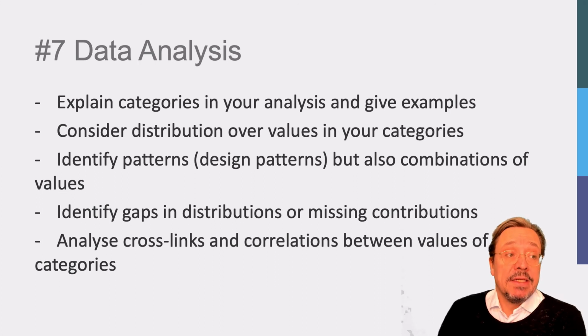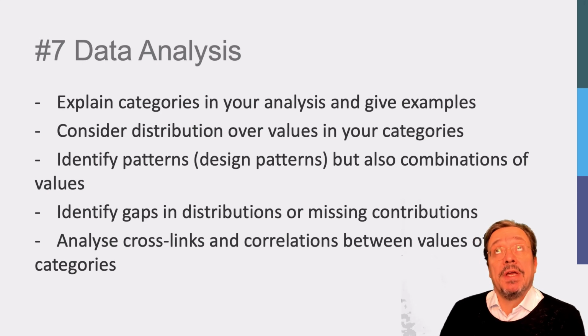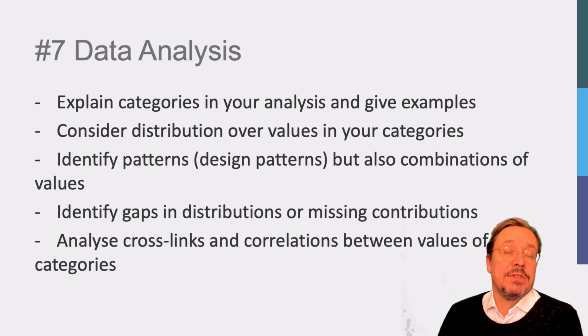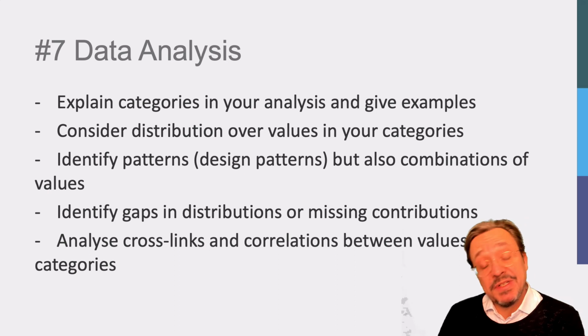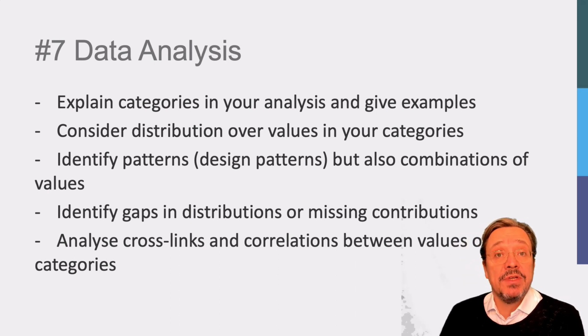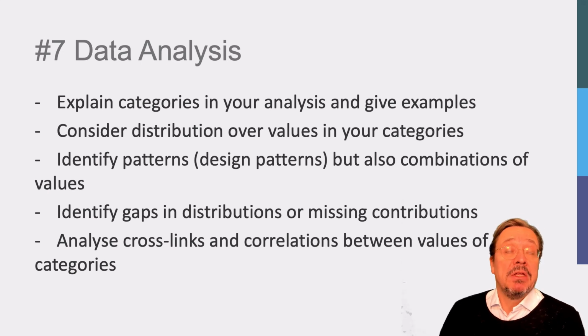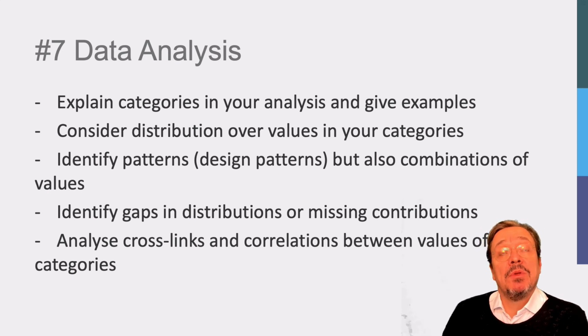So for the data analysis, and in the explanation of your results, you have to explain the categories, best give examples for specific values and categories, and consider the distribution over your categories. It can be, coming back to our example, that a certain type of hardware is preferably used and there are big gaps with the other ones.